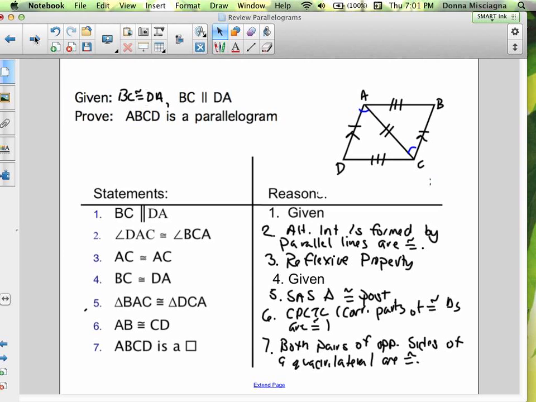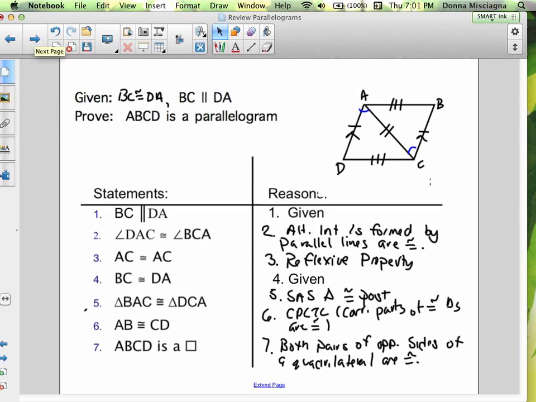We used this method to prove it was true. The method we were actually proving was that if we knew that one pair of opposite sides was parallel and congruent, we could prove the figure to be a parallelogram. So we proved the methods to prove a figure is a parallelogram.